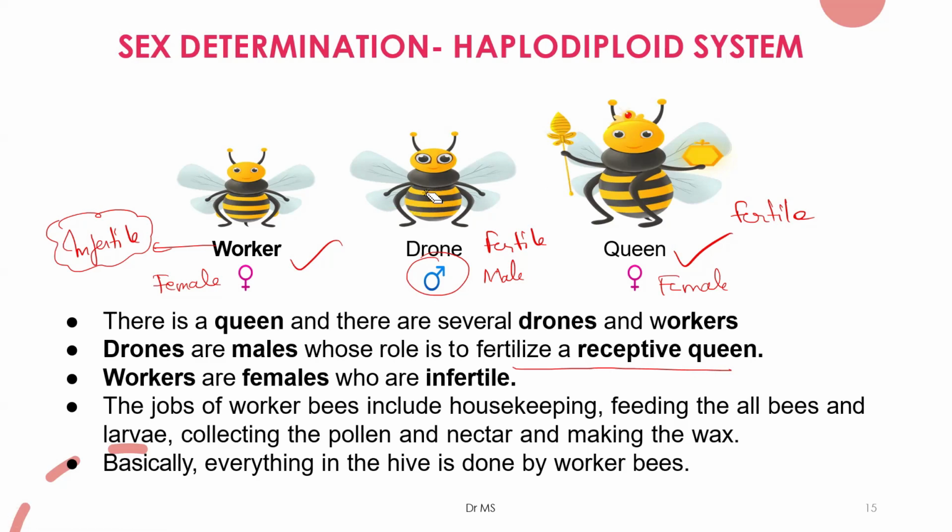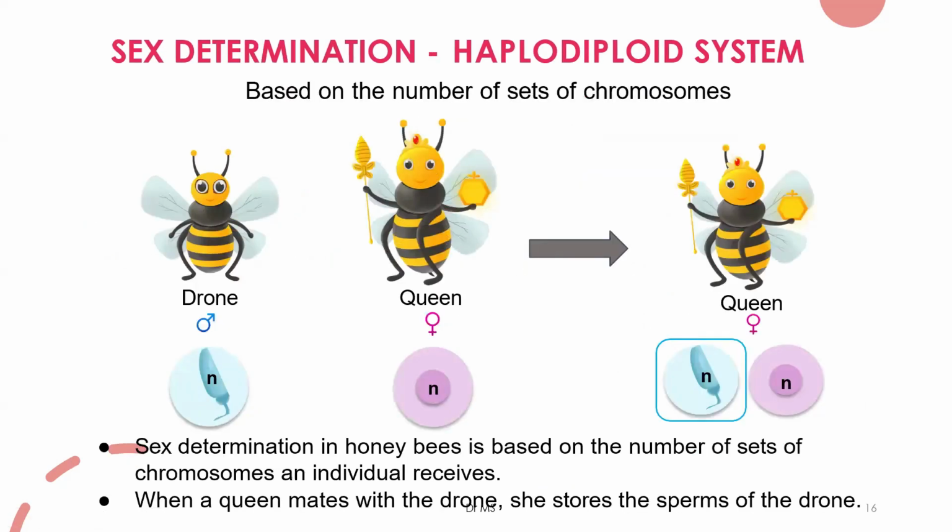He just eats and fertilizes the female. That's it. Basically, everything in the hive is done by the worker bees. And remember, the drone and queen are fertile and form N and N.